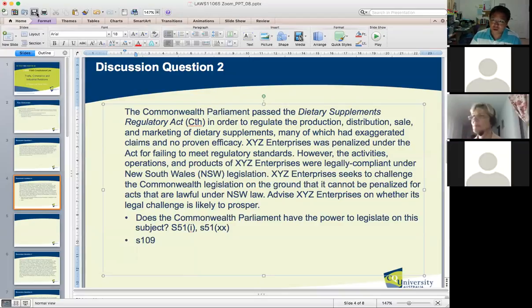Okay, so it will prevail, and the legislation of the state parliament in regard to that field will be displaced to the extent that it is inconsistent with the Commonwealth legislation. So we need to be very familiar as well, therefore, with section 109.